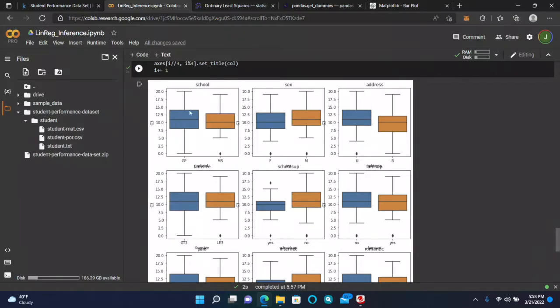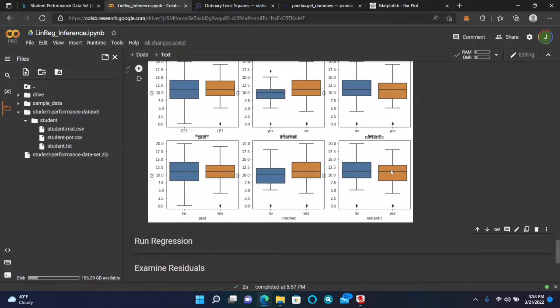So really we're saying, is the height of the box itself super different between the two groups? And so far, this one might be the one that I'm seeing the most difference in, but none of them are so bad that it makes me really nervous right off the bat, and that's great.